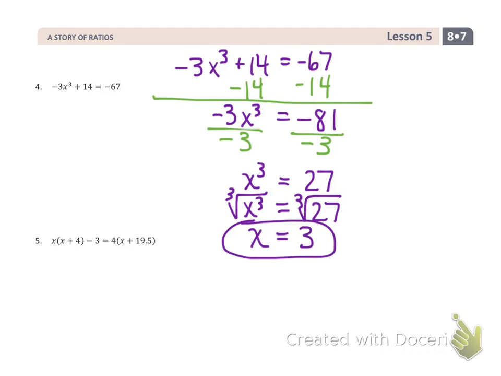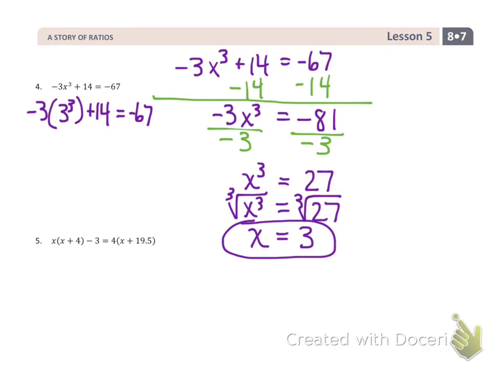So we go ahead and put that in. And notice that there isn't another solution for this one, because if I make it negative 3, then it's going to be negative 27. So that won't work. So I've got negative 3 times 3 cubed plus 14 equals negative 67.